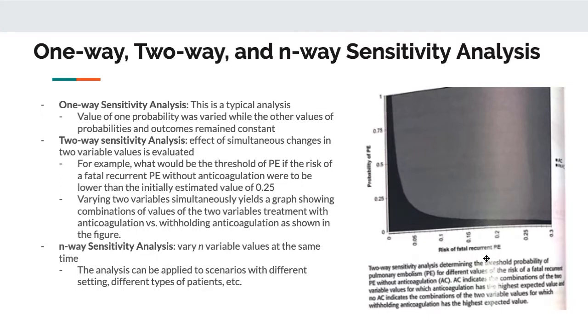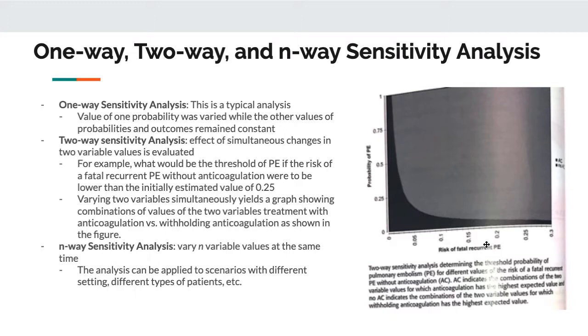So we can see that if the value of the fatal recurrence is 0.25 right here, and the PE is 0.19 right here, the point is going to be around right here. So in this case, it falls into the area of the AC, so it means the AC treatment method is going to be preferable.